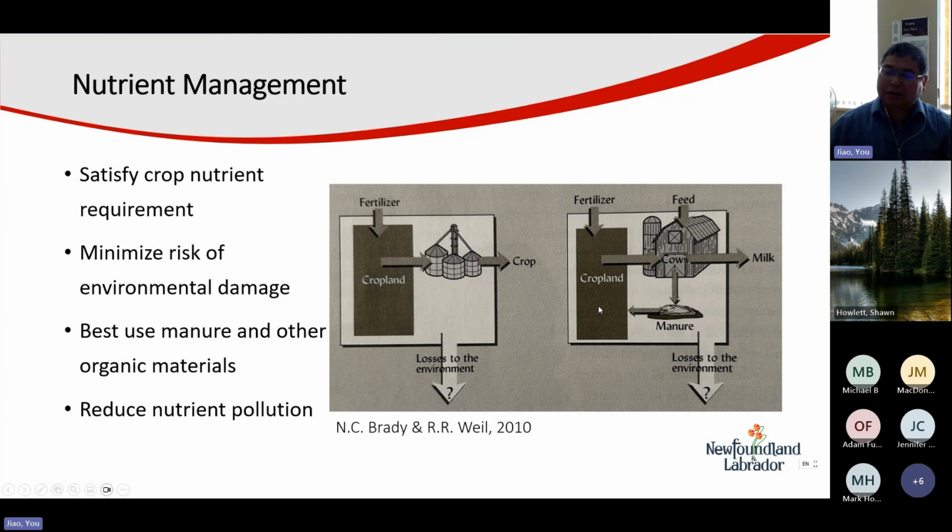It is the ecosystem cycle. Still, you have some nutrients from the manure that leach to the environment, so you have to pay attention. Our goal is to get the best yield, but still minimize the environmental impact.